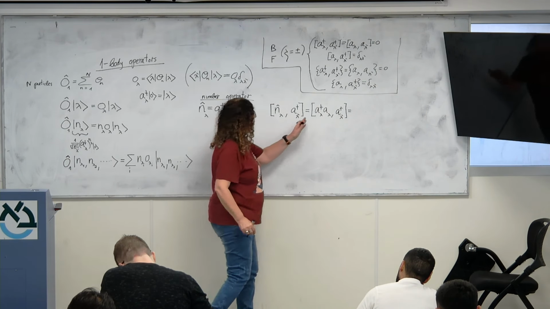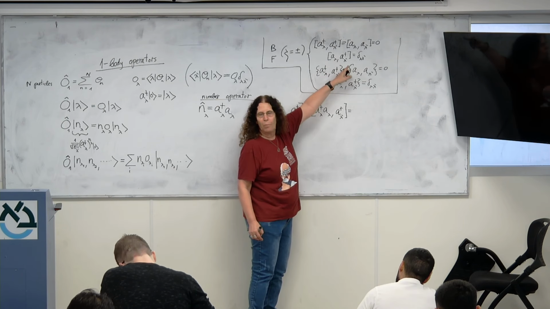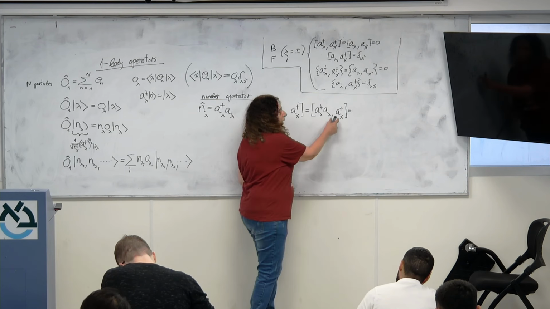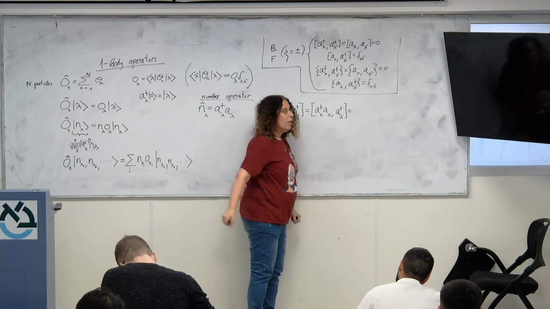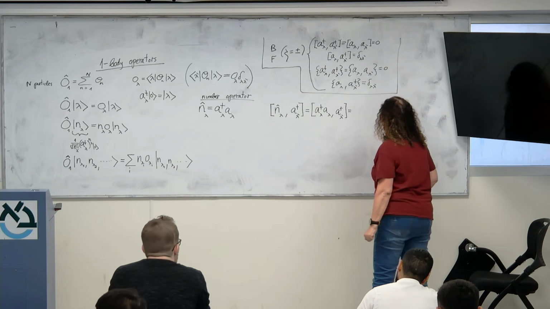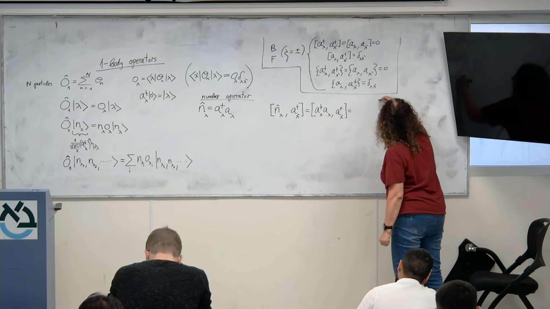Now for that, we already know the commutator of a† and a†, etc. But here we have three operators, and there is a nice formula. Let me write it here on the side.